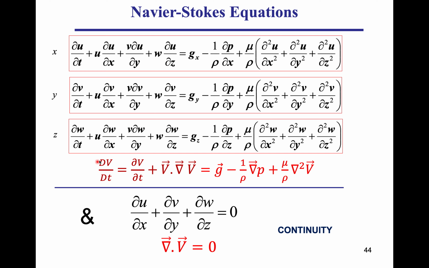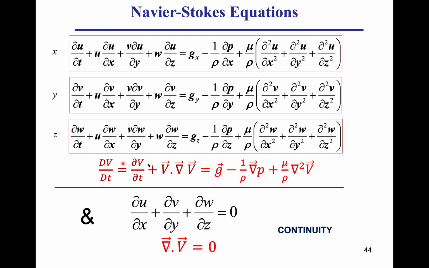And to remind you, the capital D by capital Dt of the velocity field, the total derivative of the velocity field, is equal to two components: the local derivative, partial by partial t of the velocity, as well as the convective derivative, which is the del dot v operating on the velocity field.